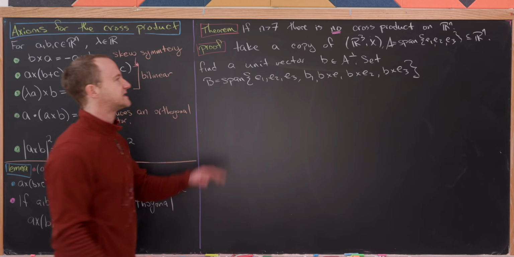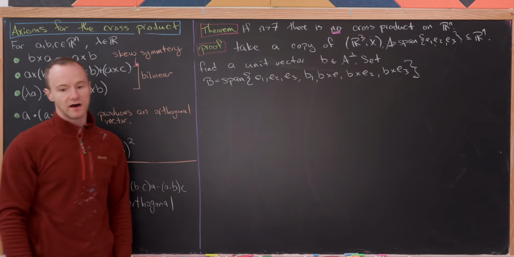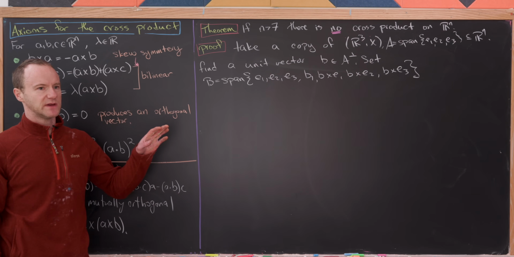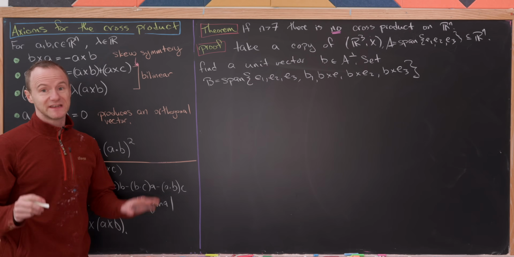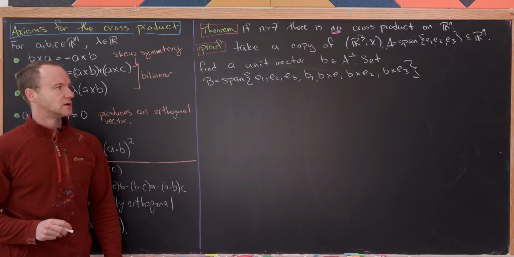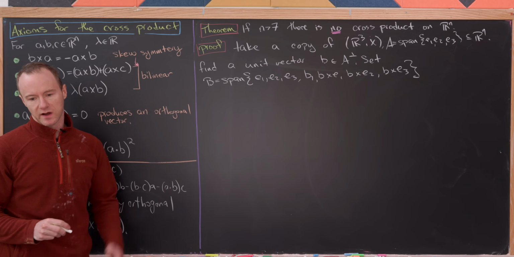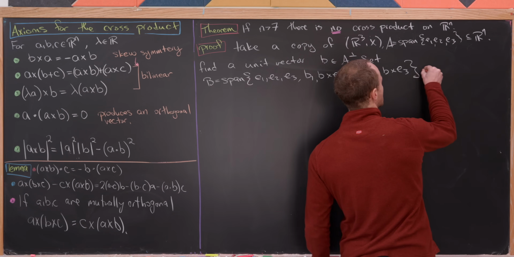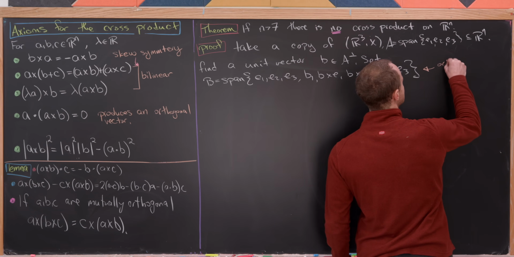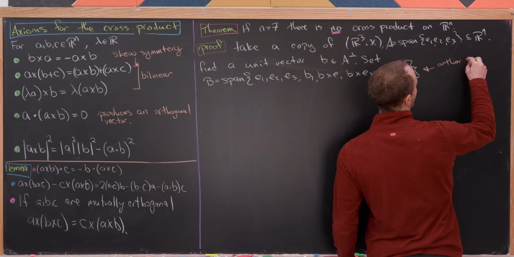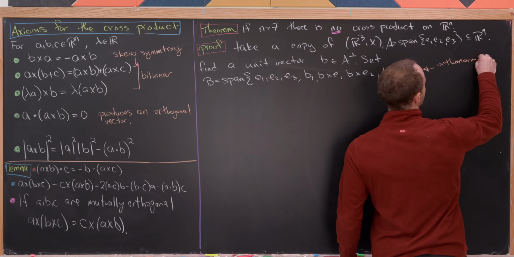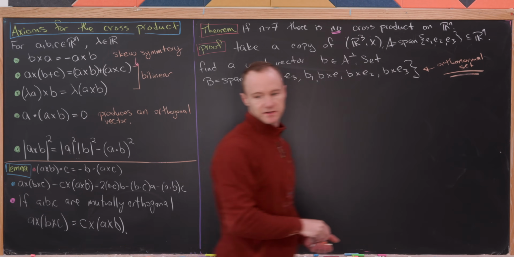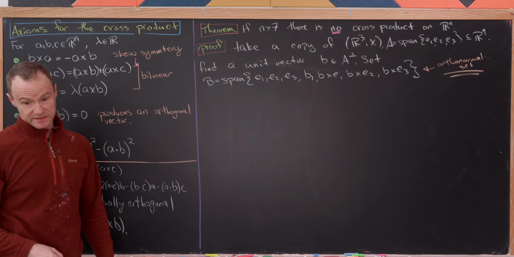So this is going to be a 7-dimensional subspace of Rn. And in fact, this subspace is going to be isomorphic, or the same as, the 7-dimensional cross product space. Okay, and then let's also notice that by our earlier proposition, this is in fact an orthonormal set. In other words, it's a set of orthogonal unit vectors. Okay, nice.